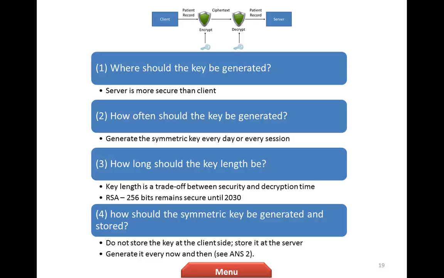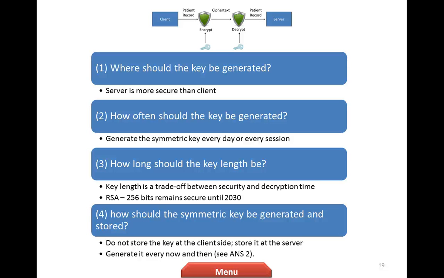How often should the key be generated? Should it be generated every day, every session, or every minute? Our recommendation is that you maybe want to generate a key once a day, and during that day you can transfer as much data as you want, and after that you revoke the key, just throw it away. But if you want to be safer, you can do it for every session.